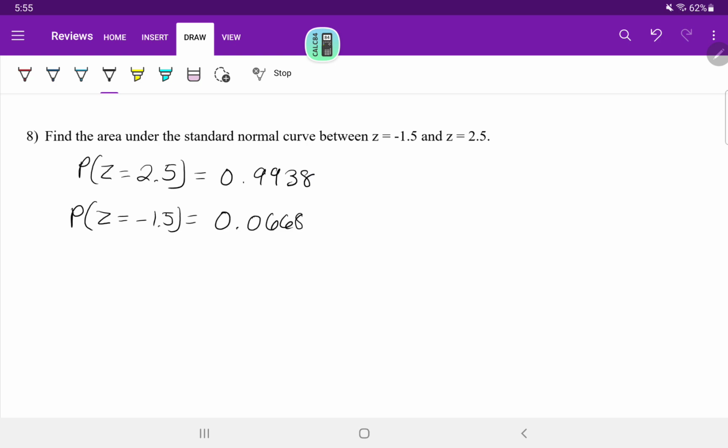Because the area is in between these two z-scores, after you find those two probabilities, subtract the bigger probability minus the smaller probability. So that's going to be 0.9938 minus 0.0668.